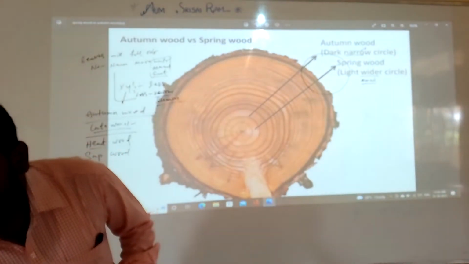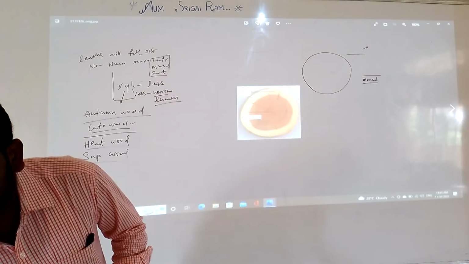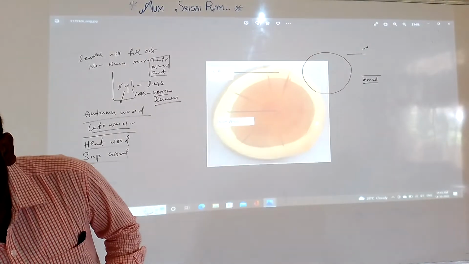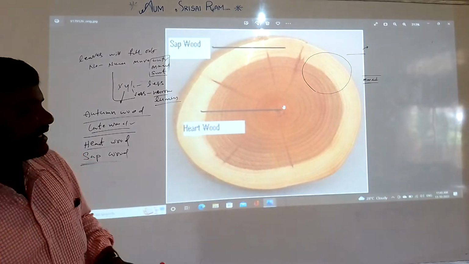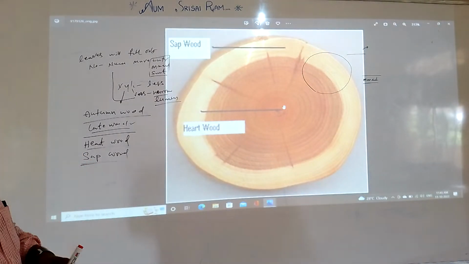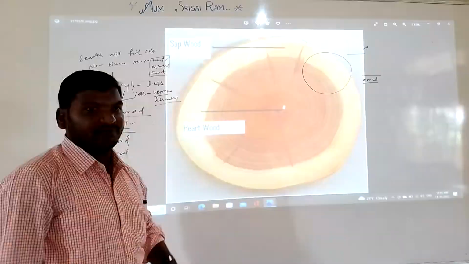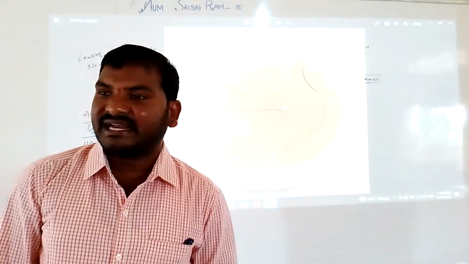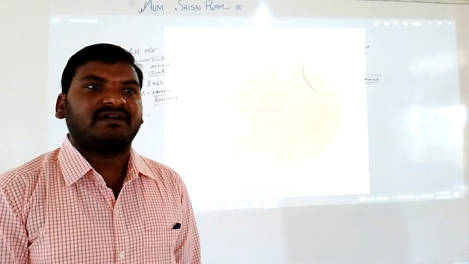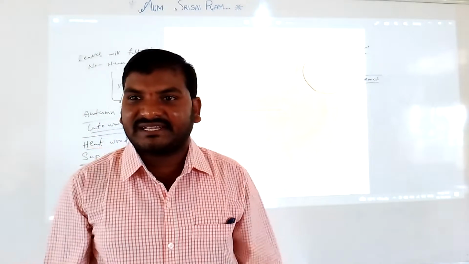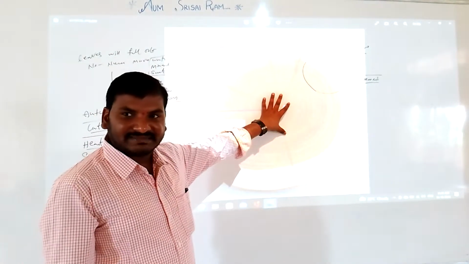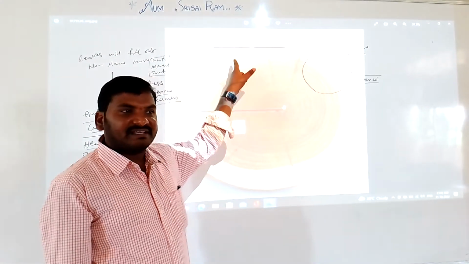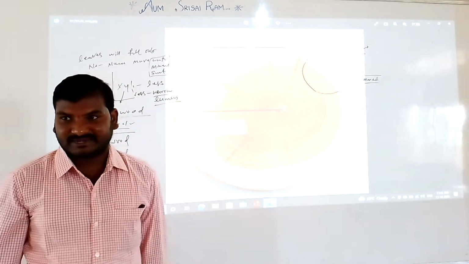I will tell one more interesting point. You see here. Another two important terms we need are hardwood and sapwood. What is the meaning of hardwood? In the center of the stem, a dark color is present. At the side of the stem, a light color is present.